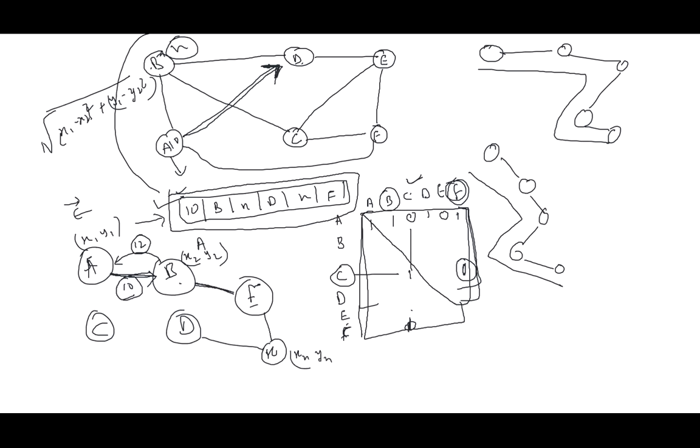Now if you want to find the distance from here, you can convert this into a graph by these coordinates. You can find the distance between these. So let's say this is d1, this is d2, this is d3, this is d4, right? So now the graph is converted to a basic graph with the given cost.